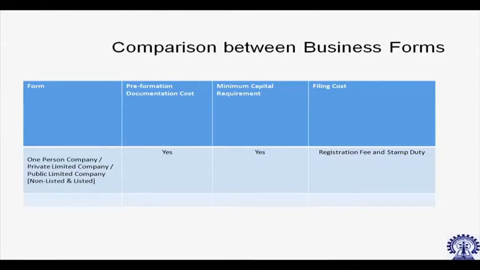And as I have told you in the last lecture also, the company is more of a formal organization. So, in that case, you should be quite careful about the preparation of the formation document or the constitutional document, which is popularly known as Memorandum of Association and Articles of Association, or MOA and AOA.